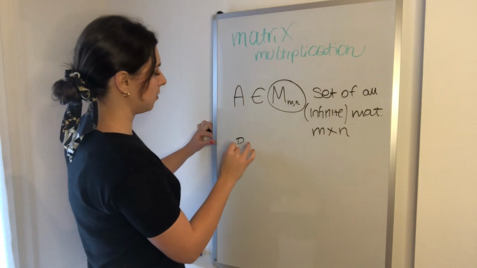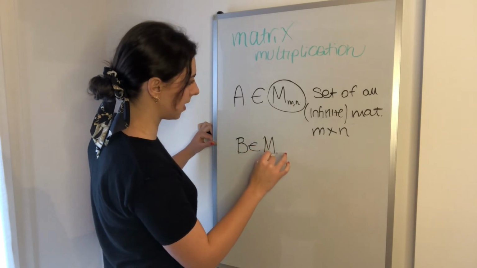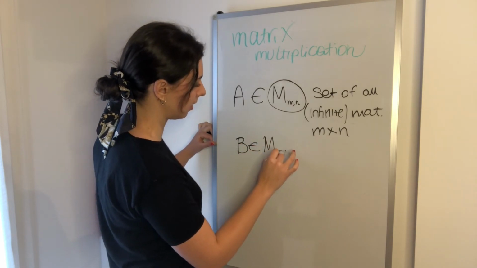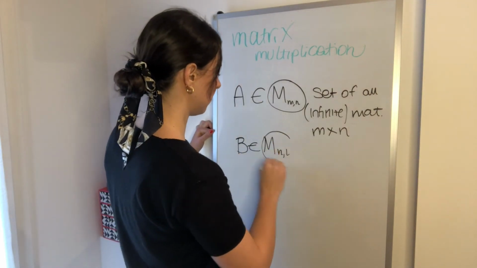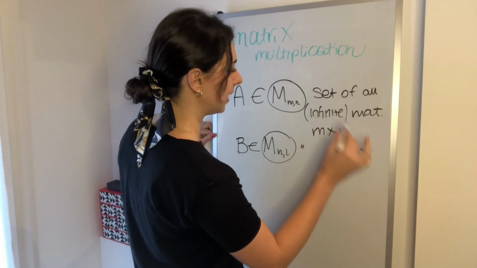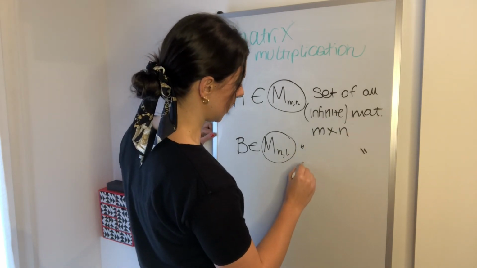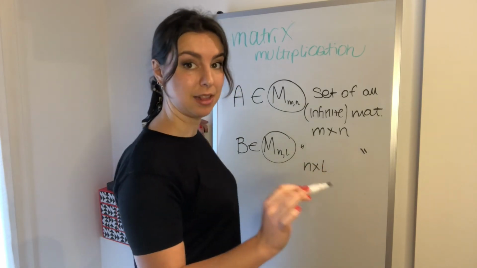Let's now take B, which belongs to M, n by l. This is the set of all infinite matrices which have dimension n by l.